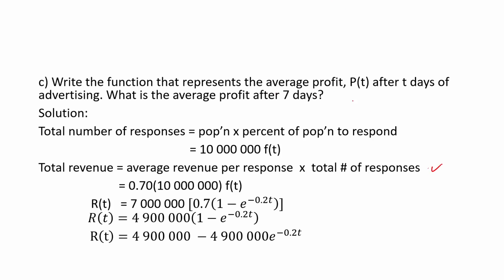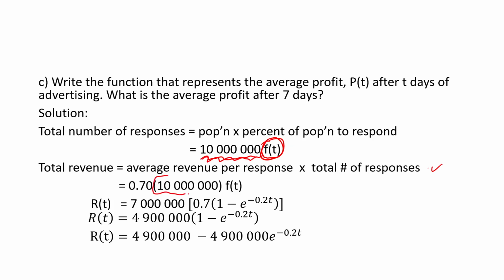If we multiply that by 10 million, because there are 10 million people in the area potentially affected, 10 million times f of t will give you the actual number of people who have responded. So again, f of t represents a proportion of people who've responded, 10 million people total. So multiply those two and you've got the total number of people who actually responded.